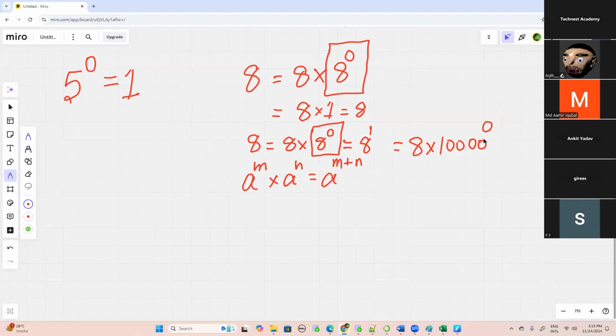Okay, clear? Is this point clear? Yes. Okay, now this is clear. Now, one more example. Suppose I will write here 5 to the power 8. Just a minute.